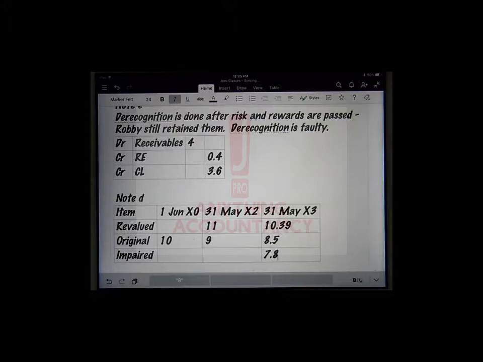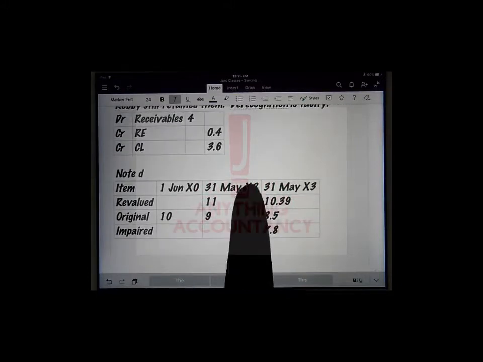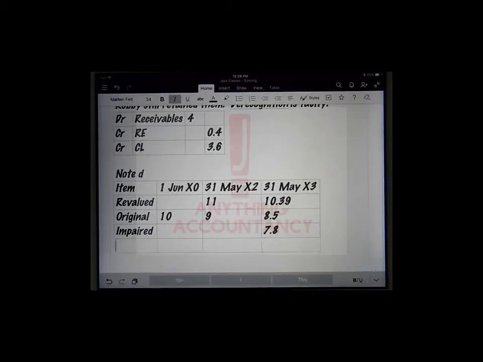So I don't get 10.39. The 10.39, how many years is it really? 2. You check the life. Life is 20. Here the life is 18. So 11 divided by 18 is how much? 0.61, yes or no? 11 minus 0.61.